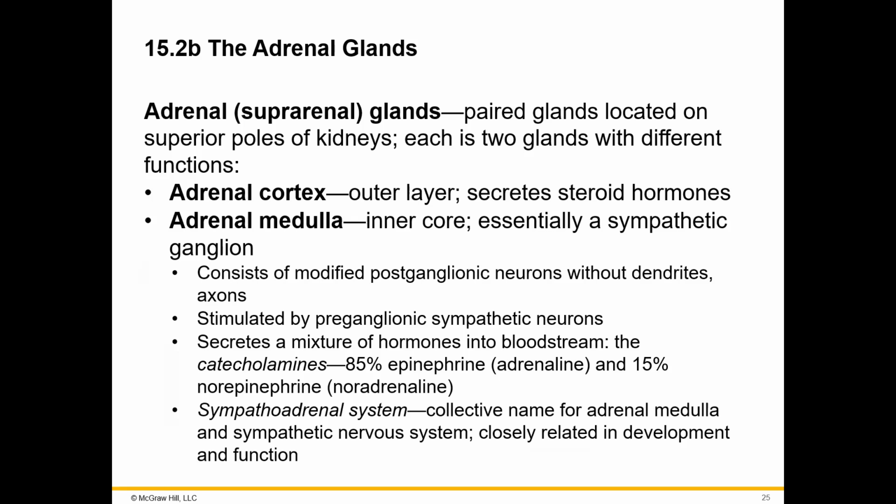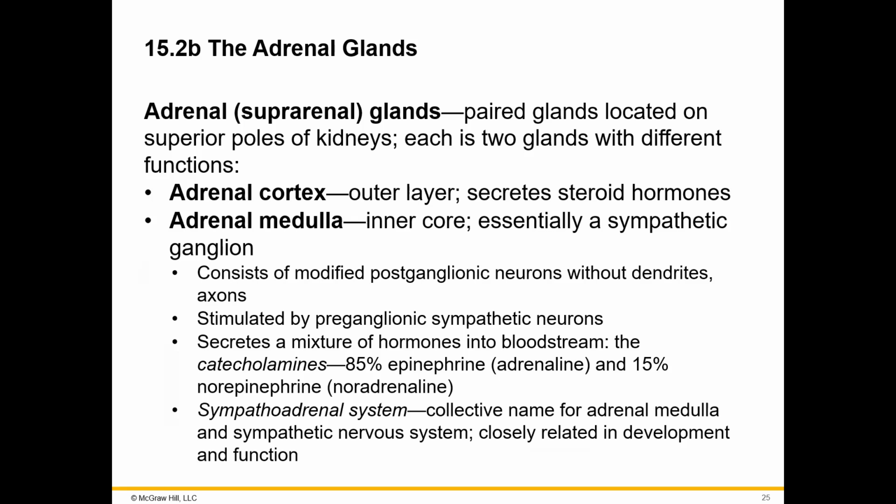And lastly, you have the zona reticularis. Reticularis in Latin means the net, because under the microscope it looks like a net. So if the zona glomerulosa gives us mineralocorticoids, and the zona fasciculata gives us glucocorticoids, the zona reticularis gives us the gonadocorticoids.